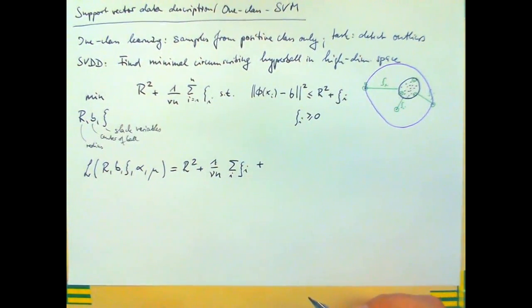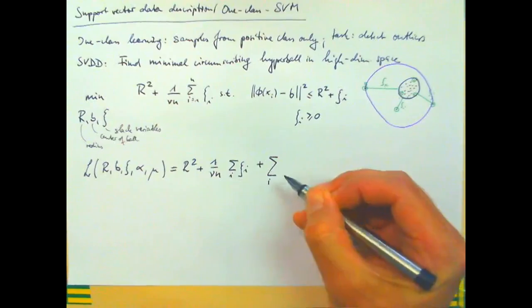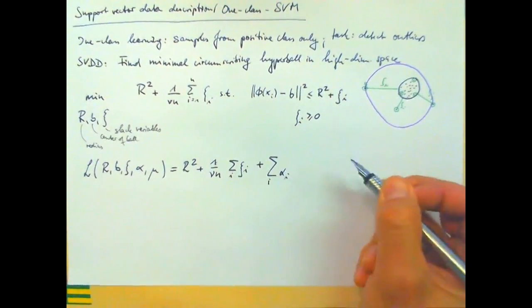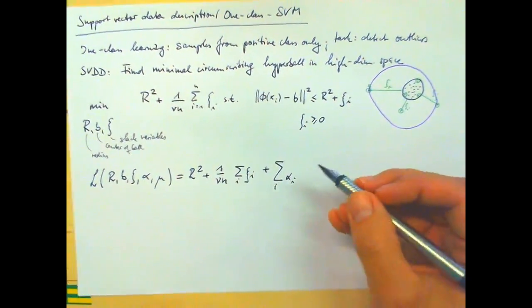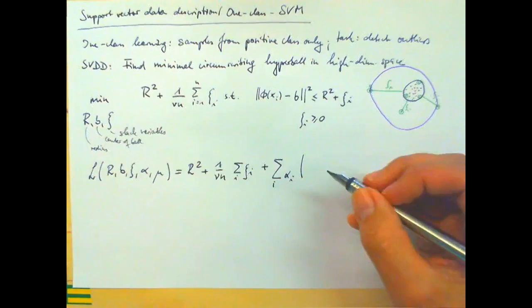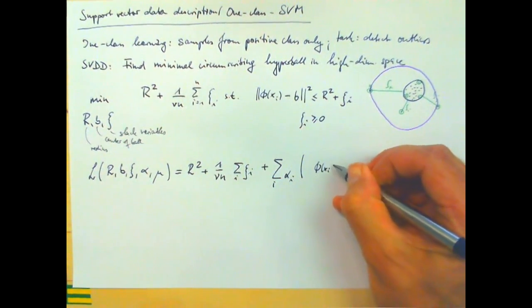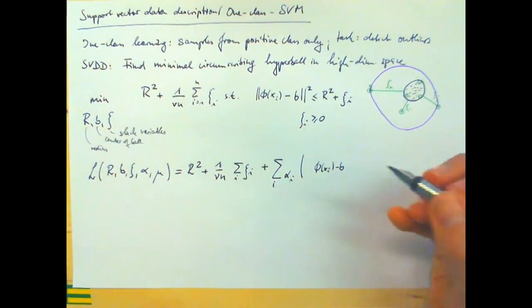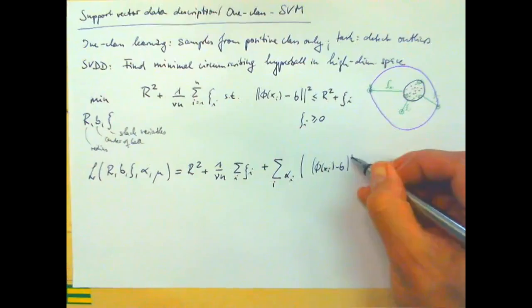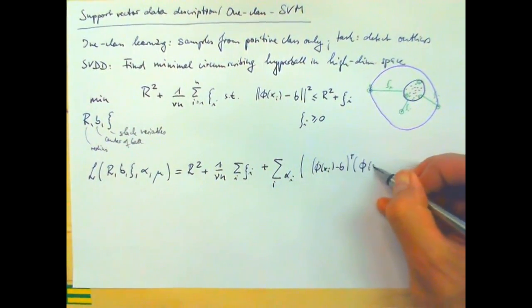Okay, now I add to the Lagrangian these inequality constraints. So I'm using, again, alphas for the first set of inequality constraints. So I'm saying that I had the Euclidean distance, so I'm writing this here as a product of vectors.